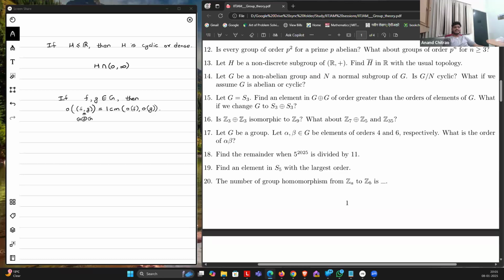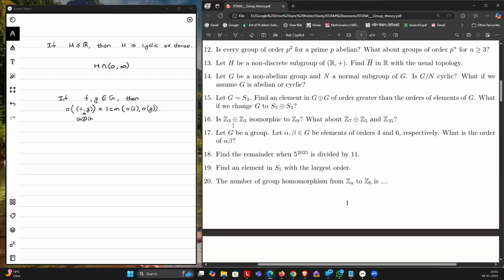Question 16. Is Z3 direct sum Z3 isomorphic to Z9? No. Why? Z9 is cyclic and Z3 cross Z3 is not. So using what we learned in question 15, can you tell me why there cannot be an element of order 9 over here?